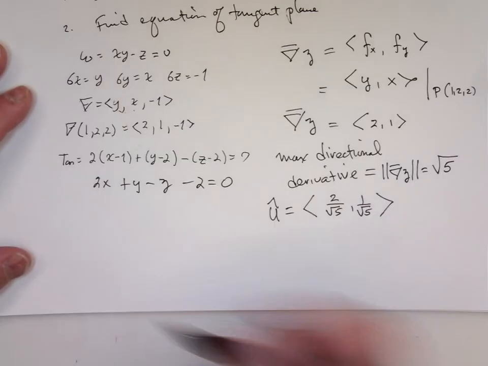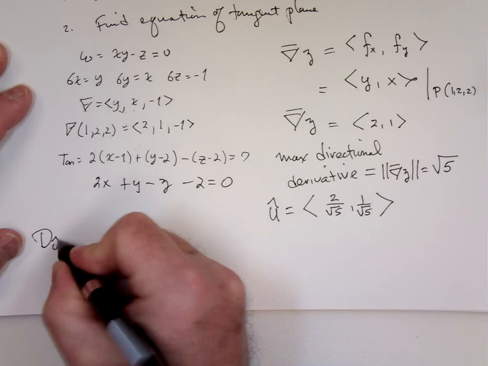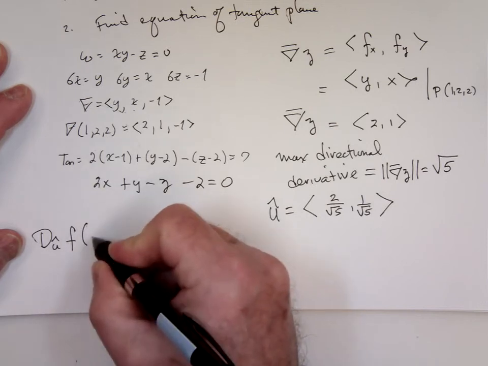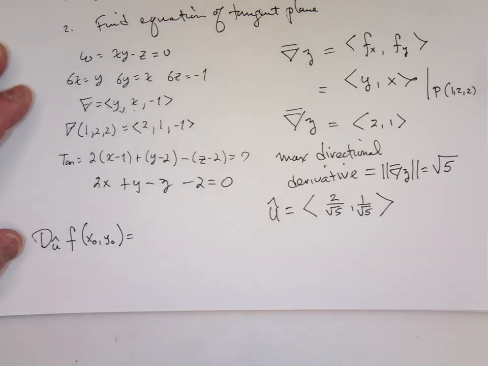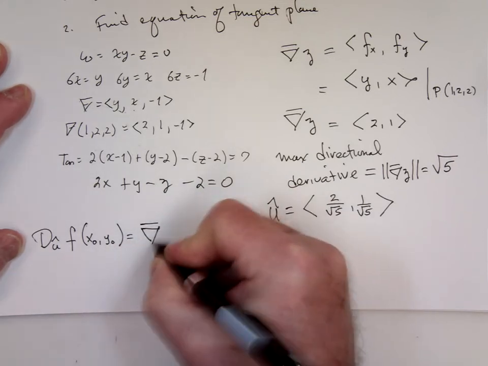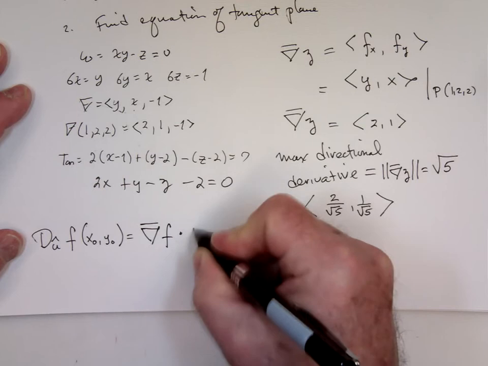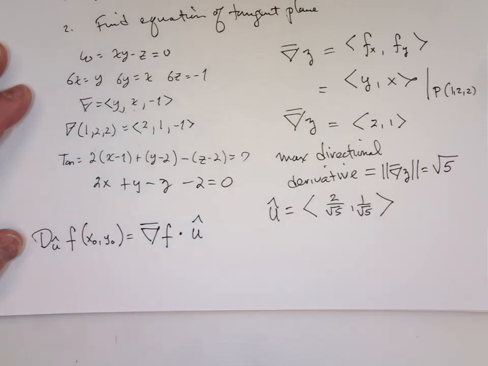The directional derivative of our function at some given point is the dot product of the gradient with the unit vector.